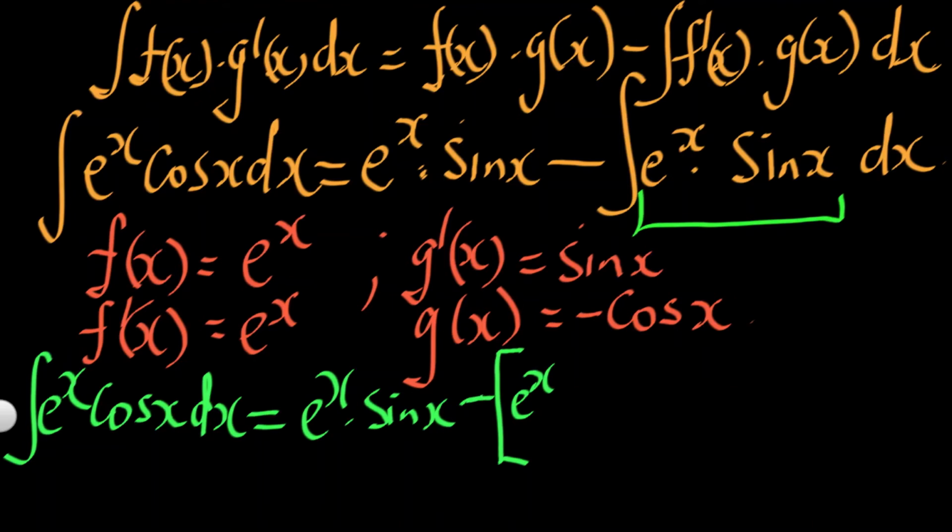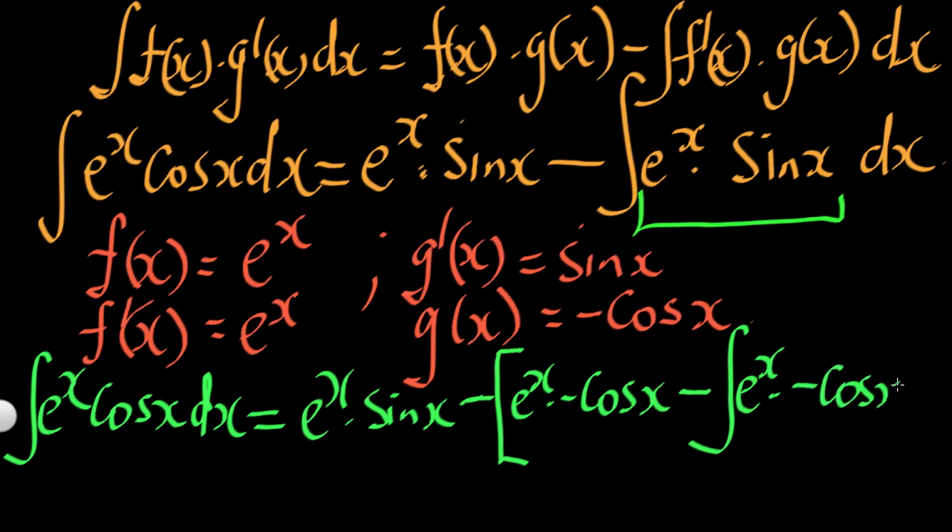So this is e to the power x times minus cos x, obviously, minus the integral of e to the power x, which is my f prime of x, times minus cos x dx. I close the bracket. If you look here, you still have a problem again, because this part here will still require integration by parts. However, this is where you should pay attention to how I'm going to deal with this.